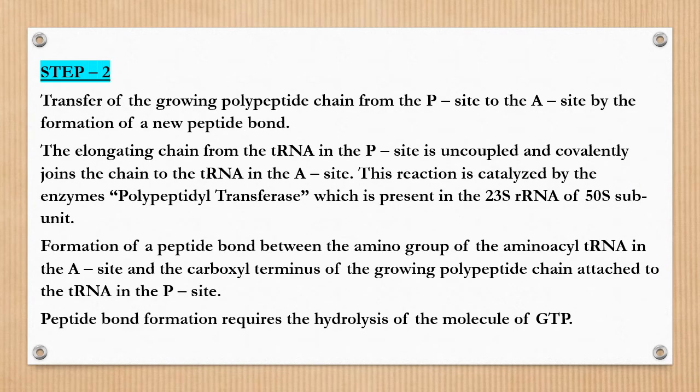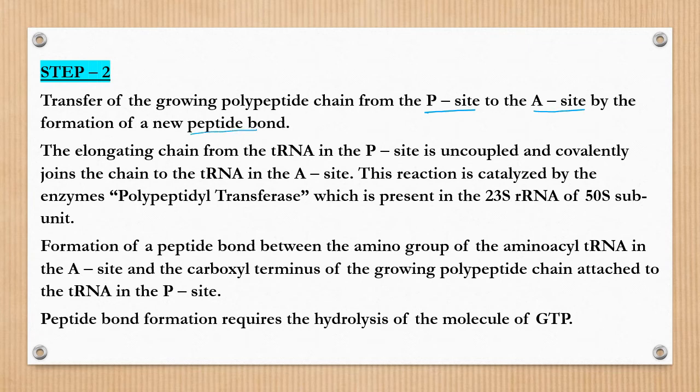Step 2. Transfer of the growing polypeptide chain from the P site, peptidyl site, to the A site, that is the amino acyl site, by the formation of a new peptide bond.